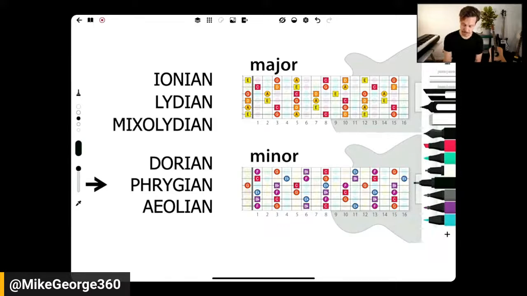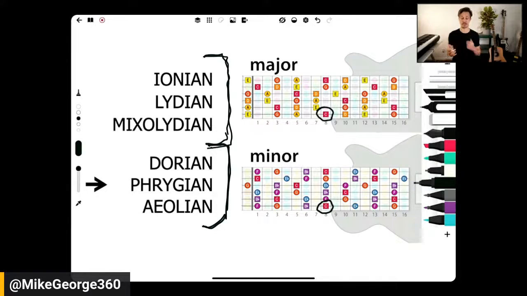In this case, it's the C major pentatonic right here. And the C major pentatonic, as we talked about last time, is compatible with, or basically a subset of, the Ionian, Lydian, and Mixolydian modes, which are the major modes. And then the minor pentatonic, in this case C minor, is compatible with the minor modes, Dorian, Phrygian, and Aeolian.